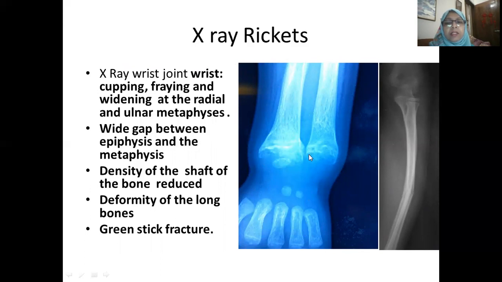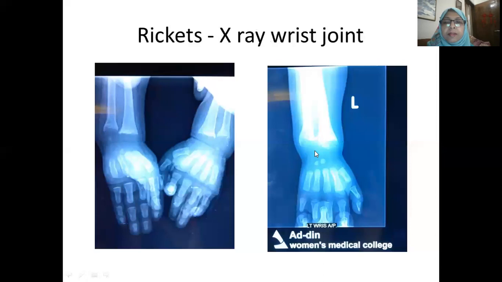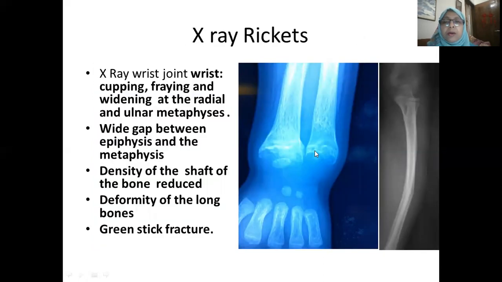There is normally a smooth line at the end of the bone, but here there is no smooth line. It is cupping, fraying, irregular lines. That means in Bengali we can say fraying মানে ছিঁড়ে ছিঁড়ে যাওয়া, and widening of the lower end of the radius and ulna at the metaphysis.